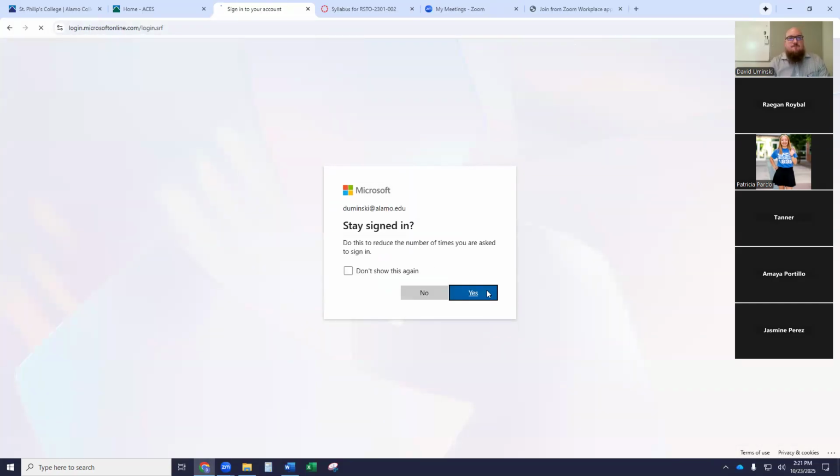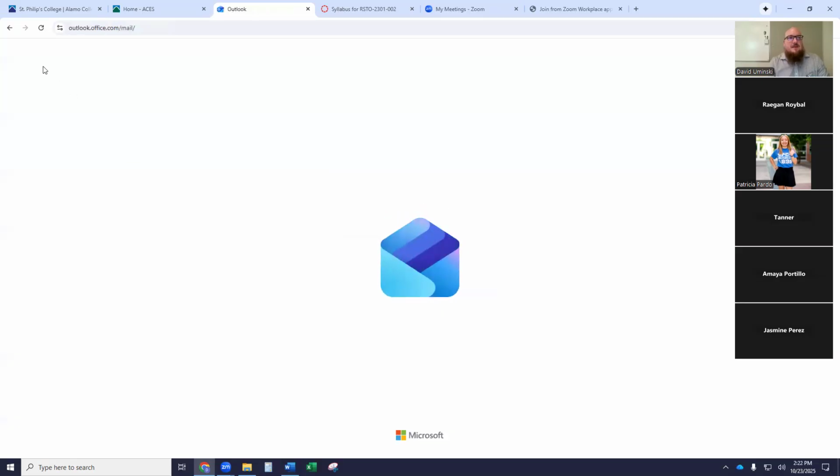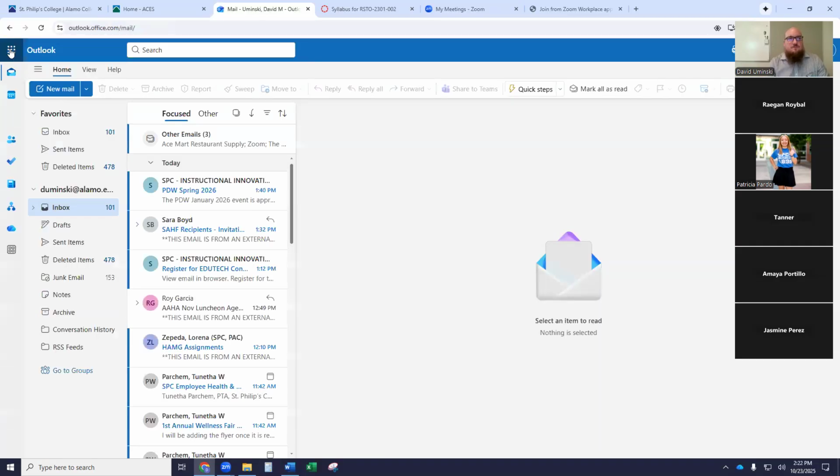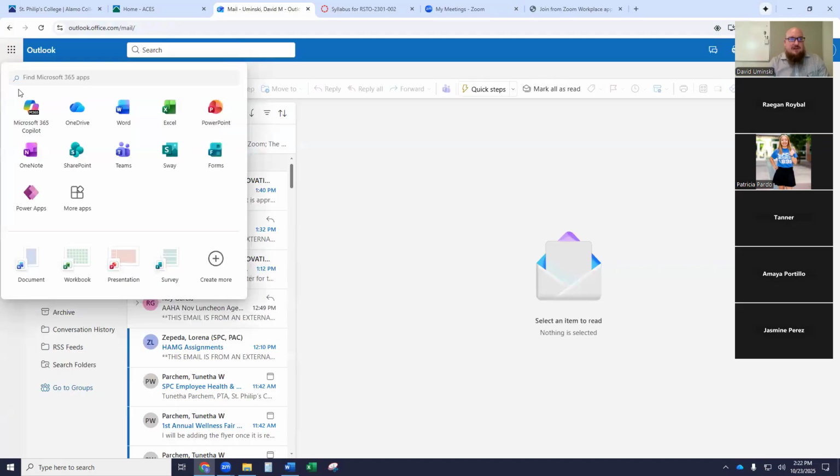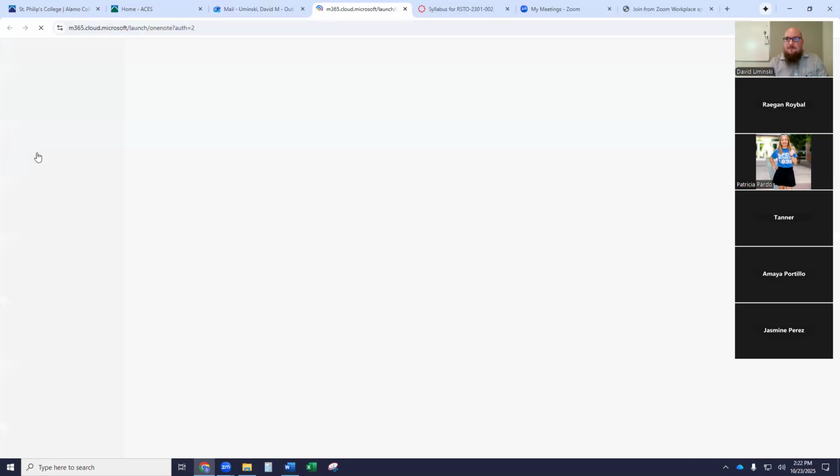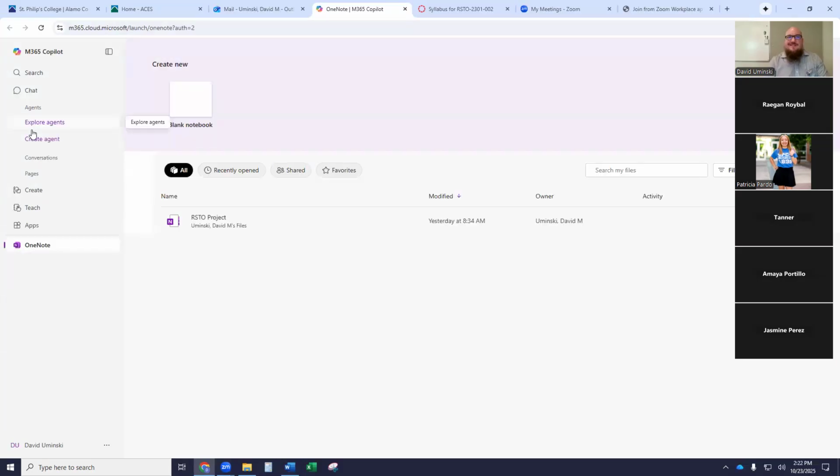Go to these little nine dots up here in the top left corner, and you can open OneNote. Okay. If you have a computer that's a touch screen, this is helpful because you can keep things digitally together.